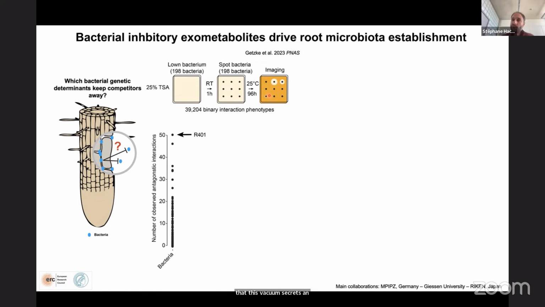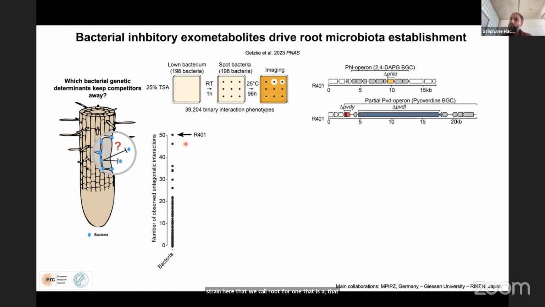And we screened all possible types of interactions, so 198 times 198 bacteria, resulting in almost 40,000 binary interaction phenotypes. So this huge screening led to the identification of one strain here that we call root41, that is a Pseudomonas brassicacearum, that inhibits almost 25% of the strains in our culture collection.